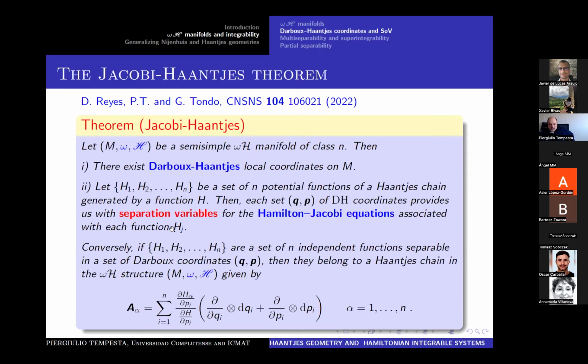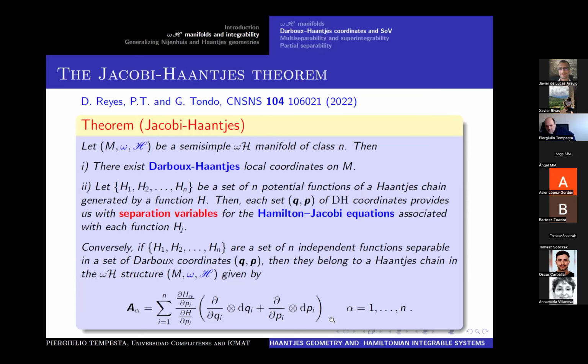But this is not the end of the story, because if we have these Darboux-Haantjes coordinates, then they are at the same time separation variables for the Hamilton-Jacobi equations associated with each of these functions H_j. In other words, the Darboux-Haantjes coordinates are also separation coordinates for the Hamilton-Jacobi equations that we are dealing with. And conversely, if we have a set of n independent functions which are separable in a set of Darboux coordinates, then we can find a Haantjes chain and construct an omega-H structure given essentially by this formula.